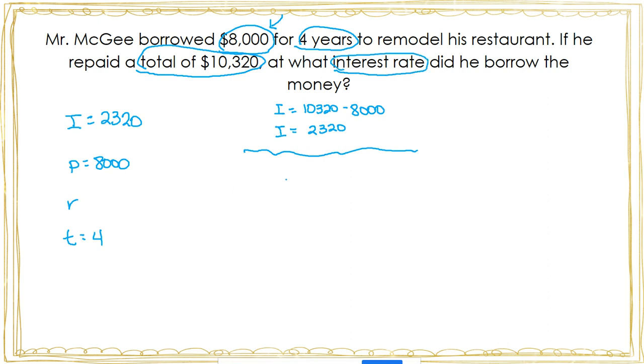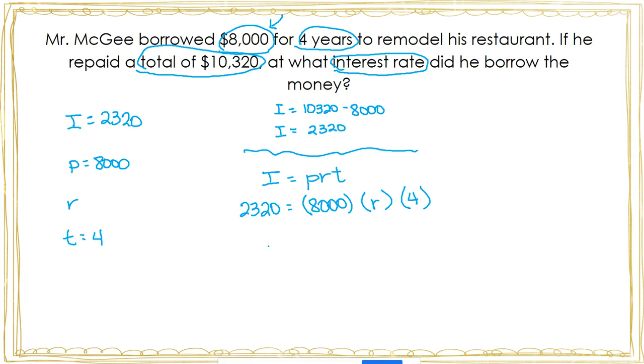Now, the question asks, what was the interest rate? So let's plug into our formula. Our formula is I equals PRT. I know that I is going to be 2,320. My principal is 8,000. I'm multiplying this times R, which I don't know. And my time is 4. Now I can just solve this like a normal equation.